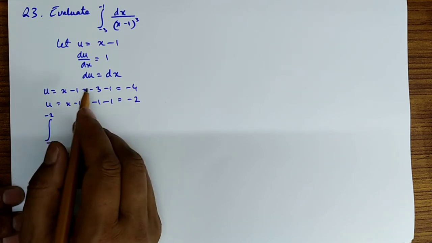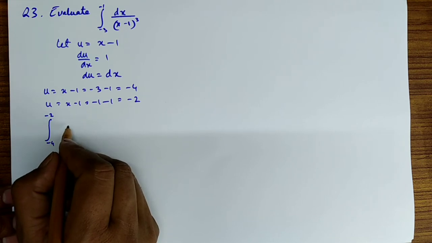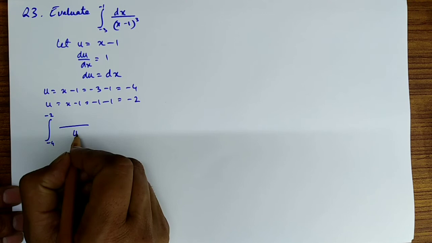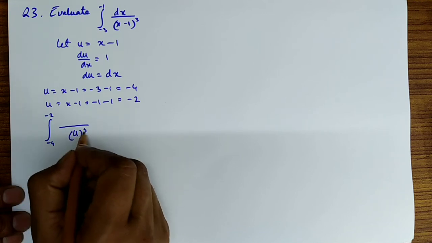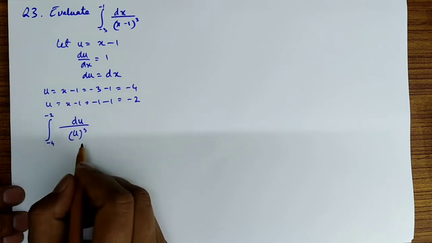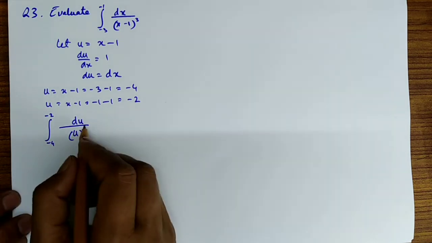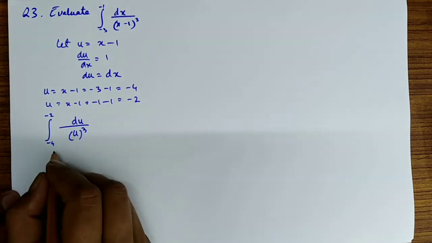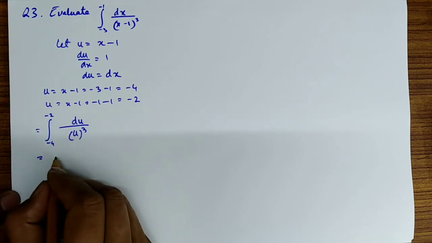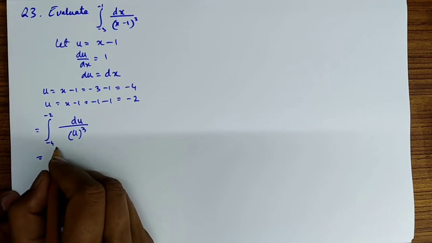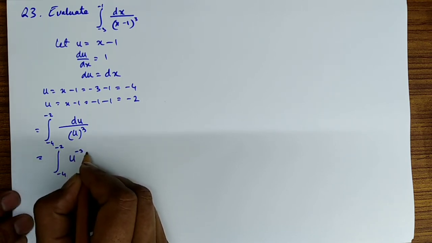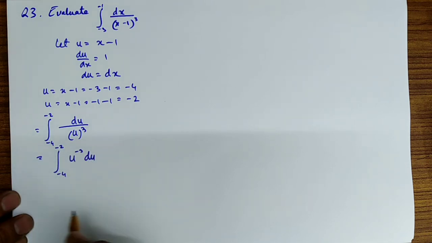So in place of x minus 1, I'm going to write u power 3, and in place of dx I'm going to write du, right? The whole form of the question is changed now. Move this u power 3 into the numerator. We can write it as u power minus 3 du, right?